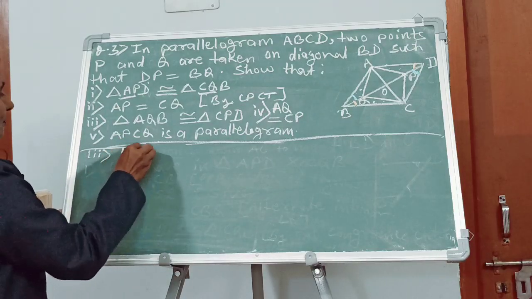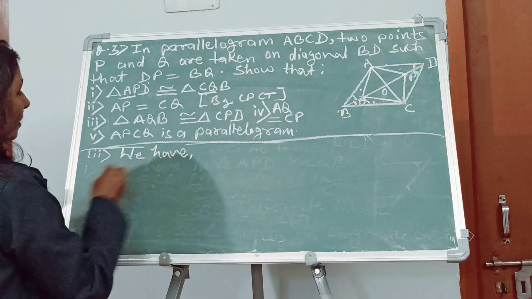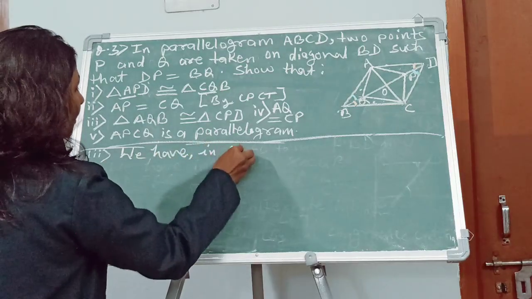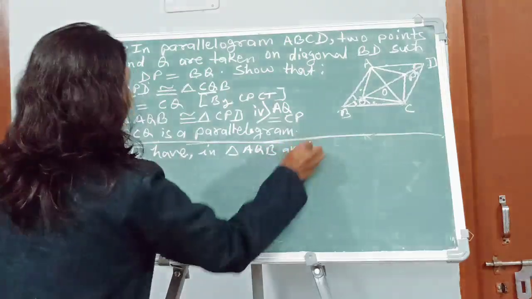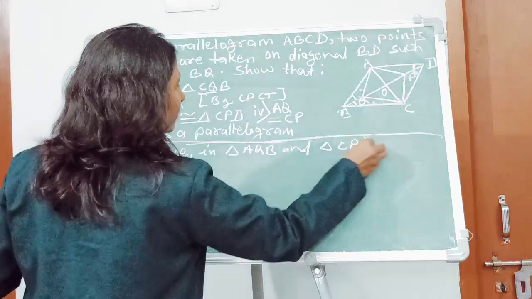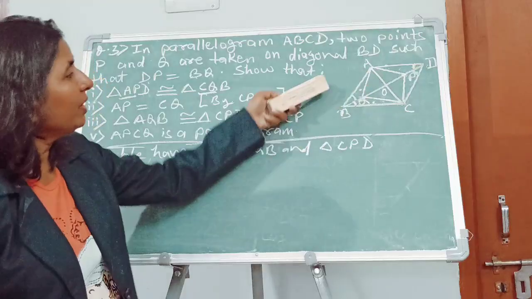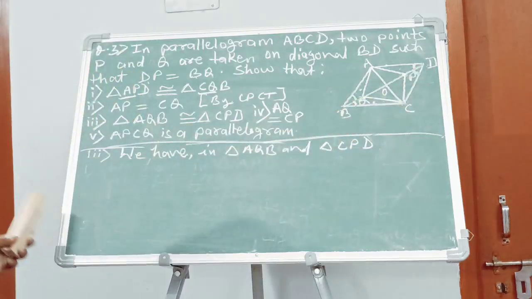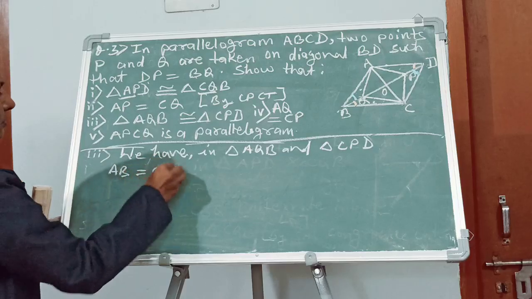We have in triangles AQB and CPD, side AB is equal to DC, opposite sides of a parallelogram, so we can write AB is equal to CD.